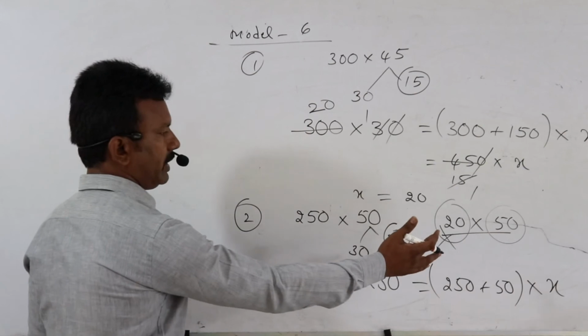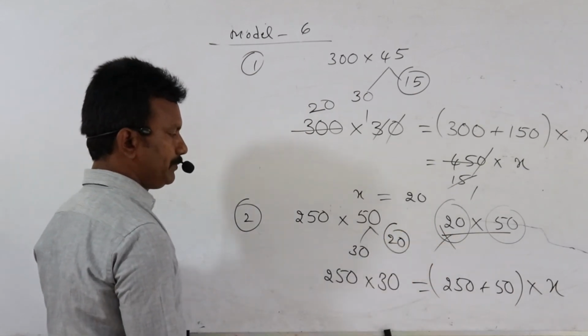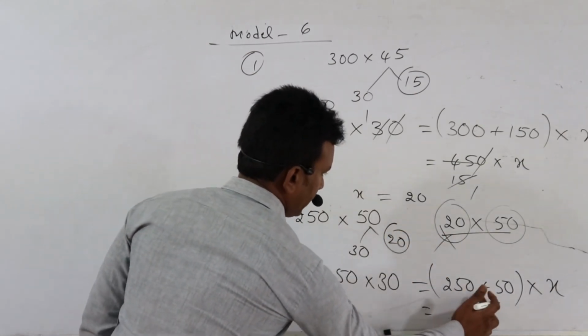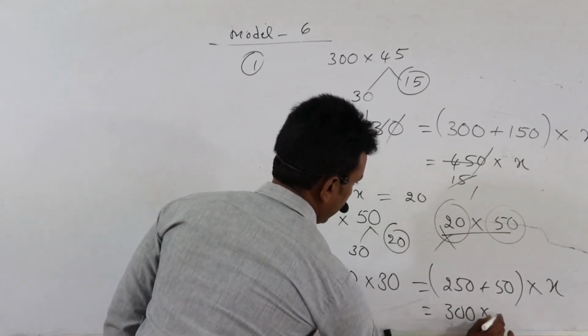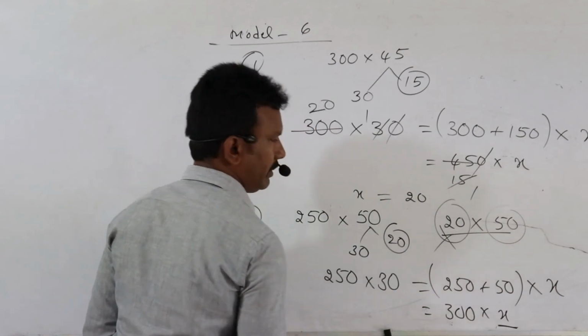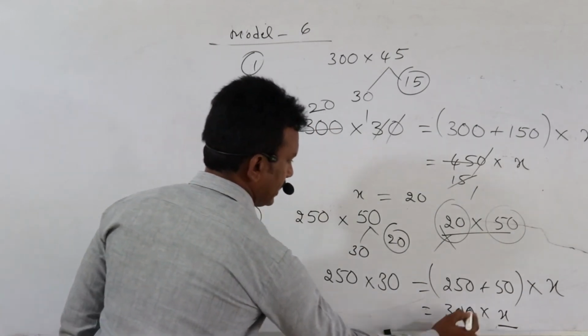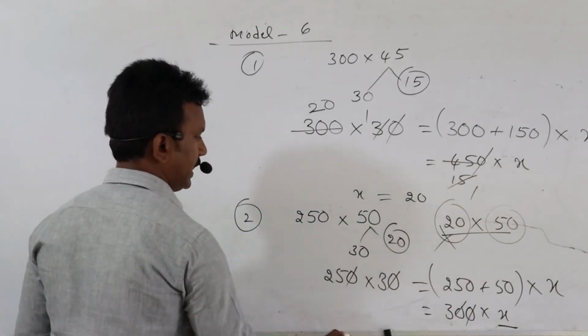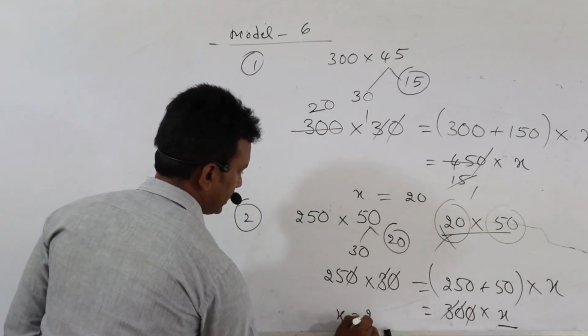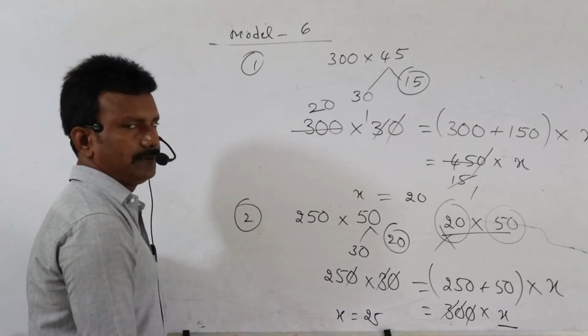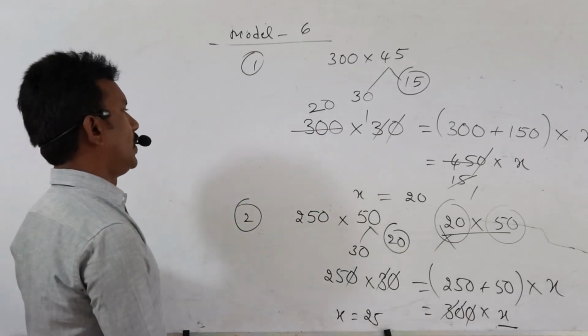Let the number of required days be x. So 250 into 30 equals 300 into x, where x is our required number of days. So direct cancellation, zeros on both sides, 3 and 3. So the required number of days x is 25 days.